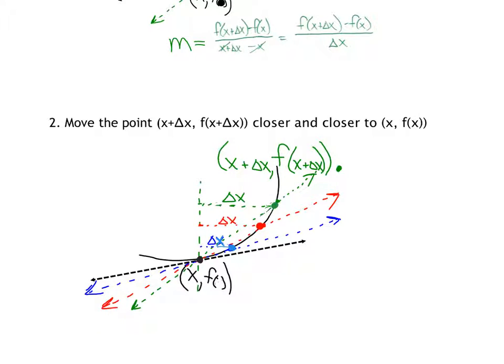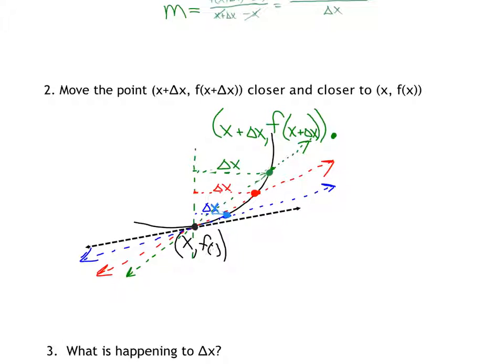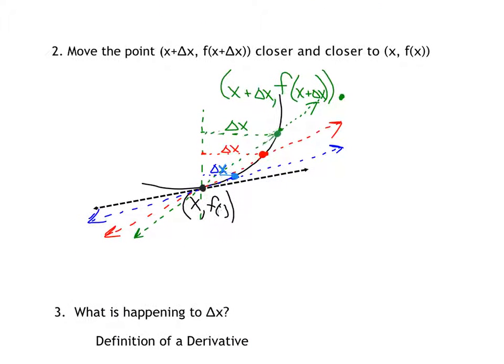So if I want to keep moving this closer and closer and closer, what's happening to delta x? It's getting smaller. So delta x is approaching 0. That's right. Okay? Delta x is approaching 0.